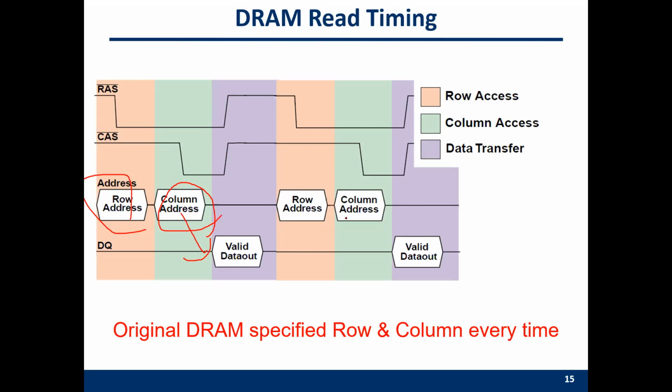This is the normal case: row address strobe, column address strobe, and then you have the data. This is the data bus. This is the command bus. This is the enable signal of a row address strobe and a column address strobe. You can see this is the normal case. In the normal case, you always have a row address strobe, column address strobe, and then you have the data.